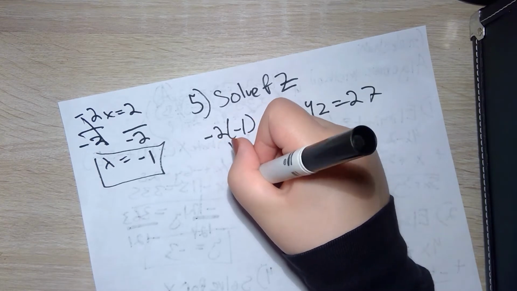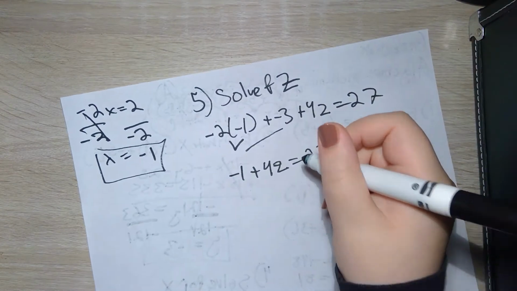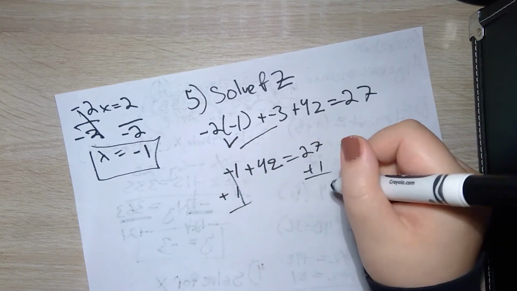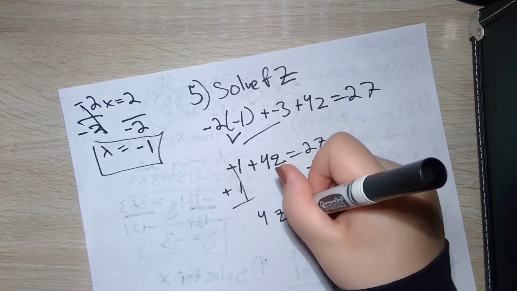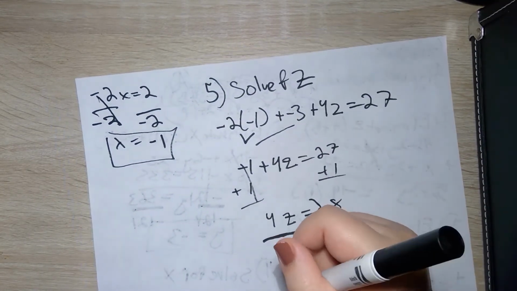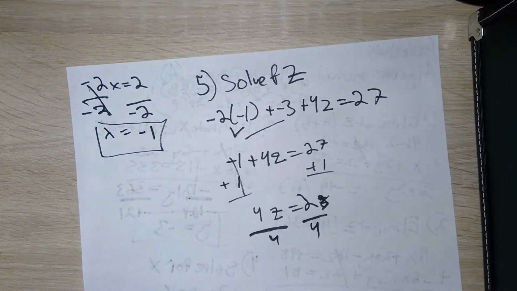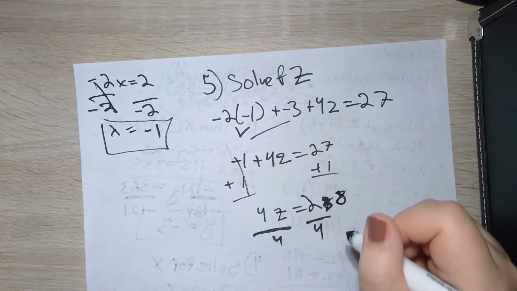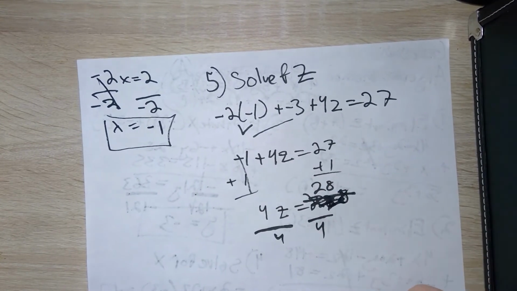So now is 4z equals 28. And now we divide the 4... no, excuse me, yes, that is 28, I apologize. 28, sorry about that.